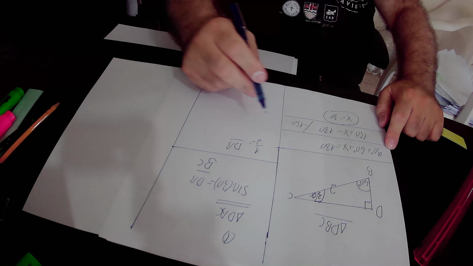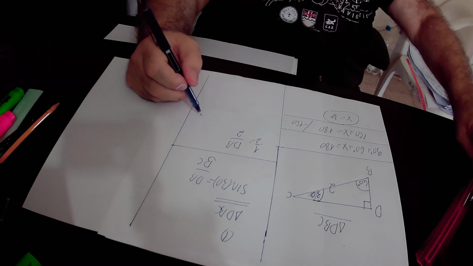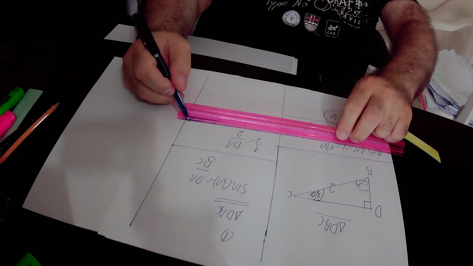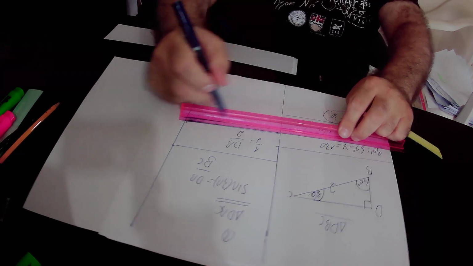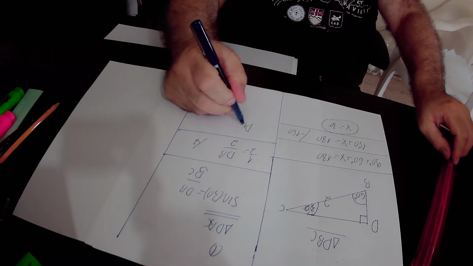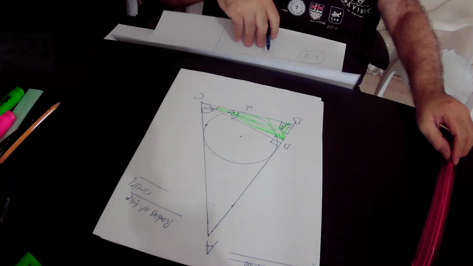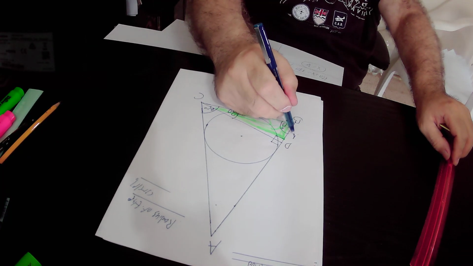But BC equals 2 units, so we substitute BC by 2: 1/2 equals DB over 2. We multiply this equation by 2, and we get that DB is equal to 1 unit.